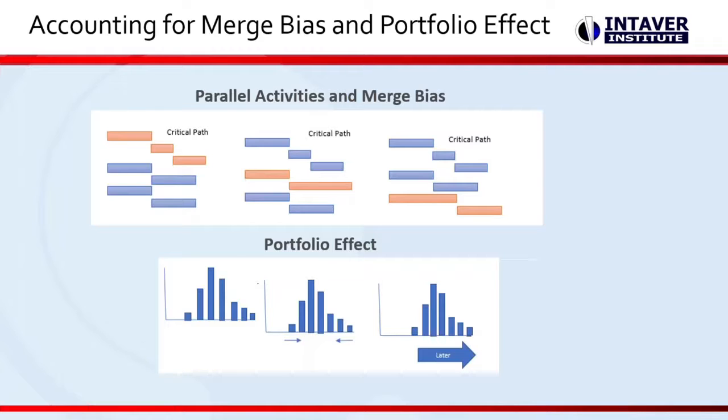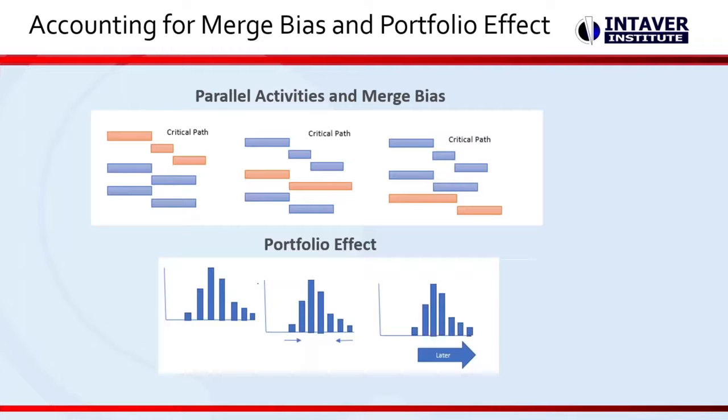Second, in large complex projects with many activities, something interesting happens due to the cumulative impact of right-skewed distributions. It's called the portfolio effect. I'm not sure if the image is showing here, but what occurs during Monte Carlo simulation is that the range of uncertainty tends to decrease. You can see that in the second one, it's actually compressing. So we have less variance, but that whole distribution from the results shifts to the right.